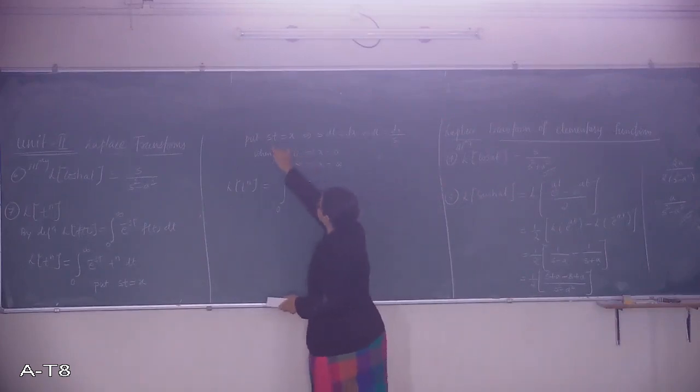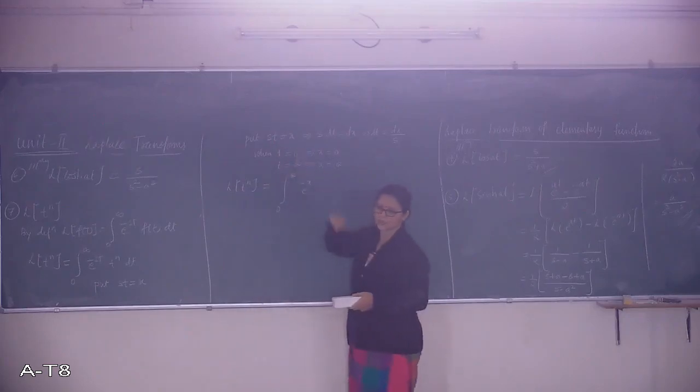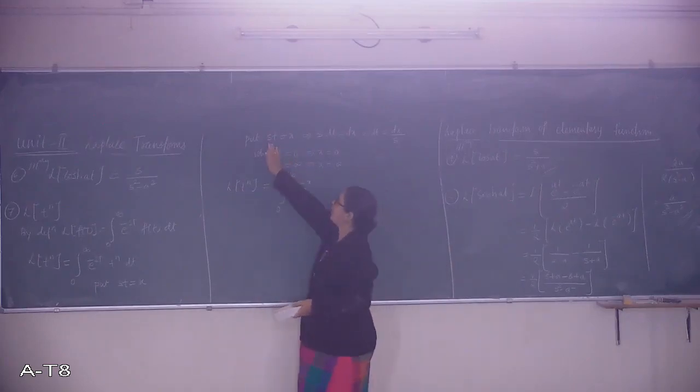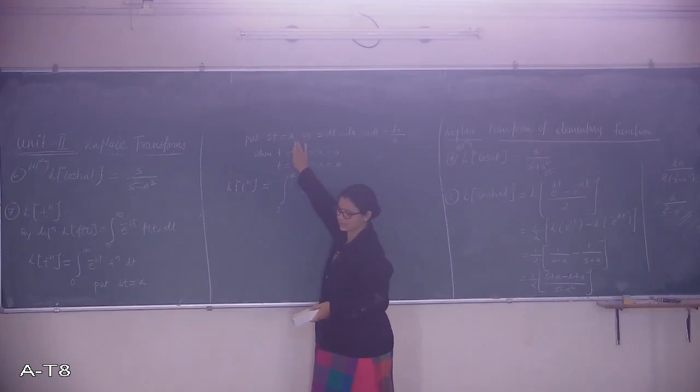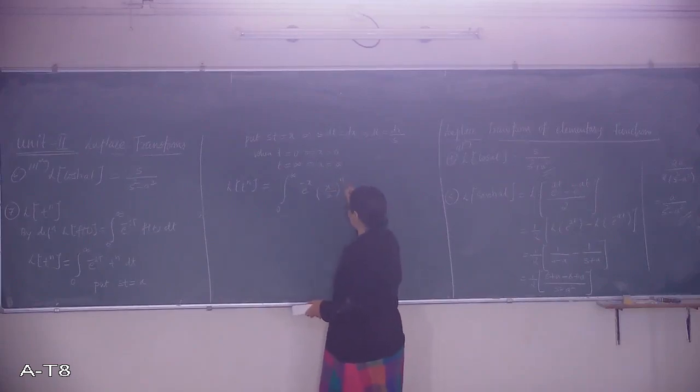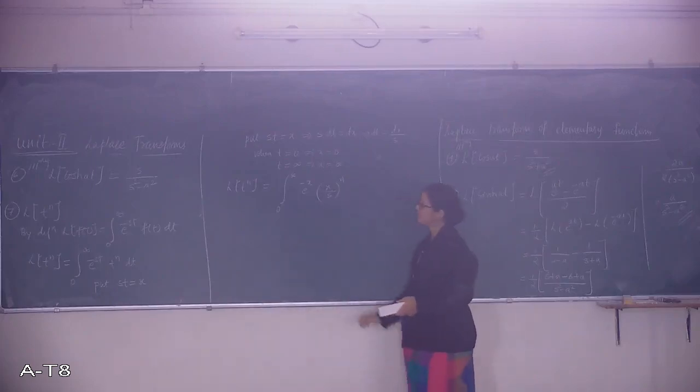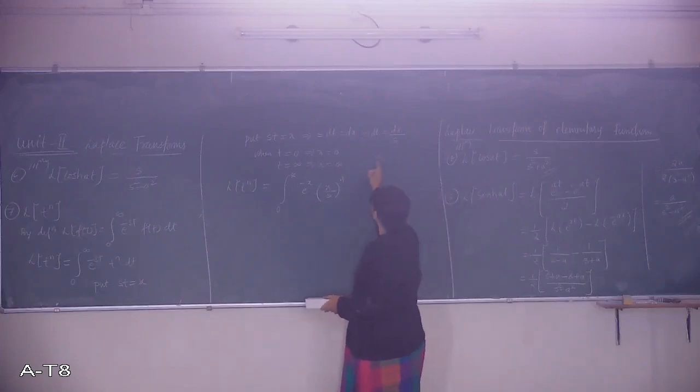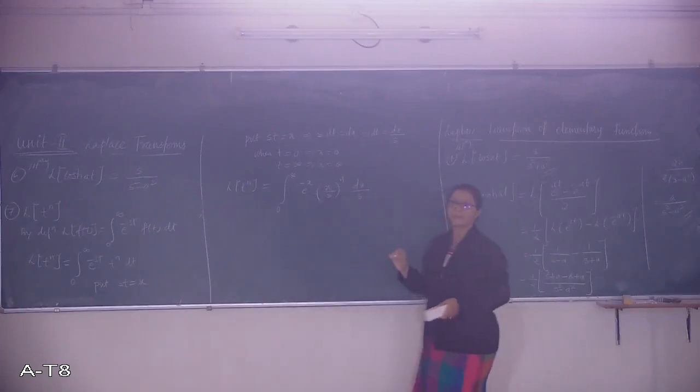Since st equals x, t is x divided by s, so t to the power n is (x by s) to the power n. And dt is dx upon s.